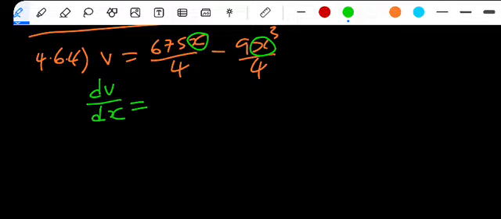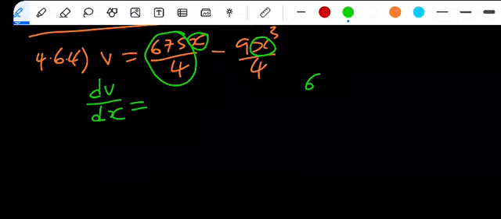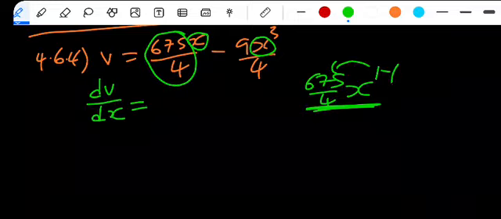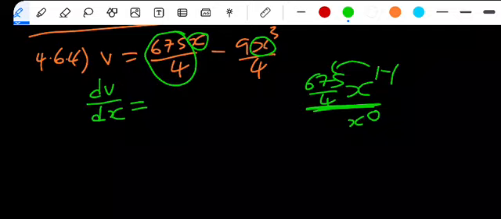So you know what you're supposed to have. This guy is simply just a constant. This is the same as 675 over 4 times x. So when you differentiate this, remember here we have x to the power 1. When you differentiate, you multiply by 1, then you subtract 1 from the exponent. That gives you x to the power 0, which is the same as 1.